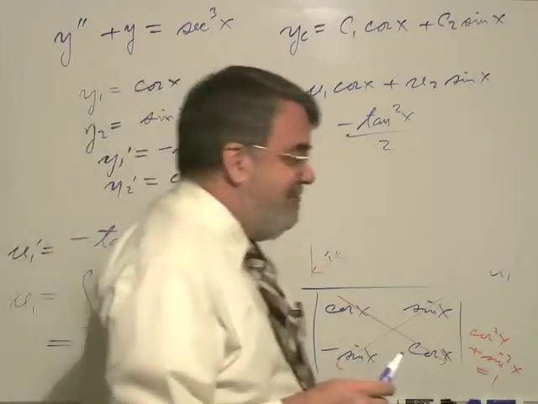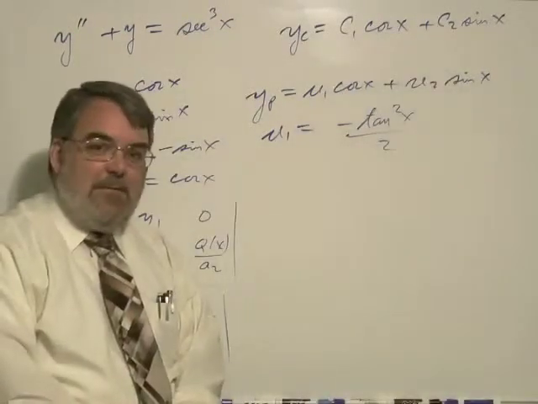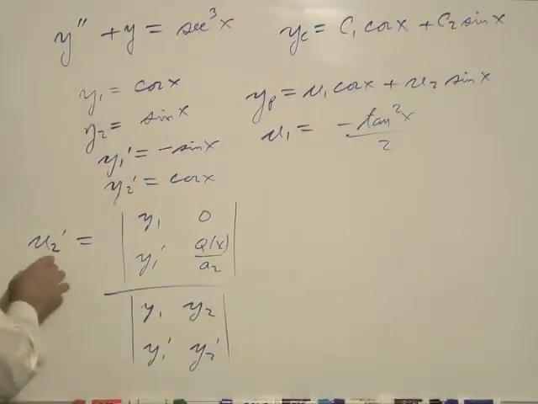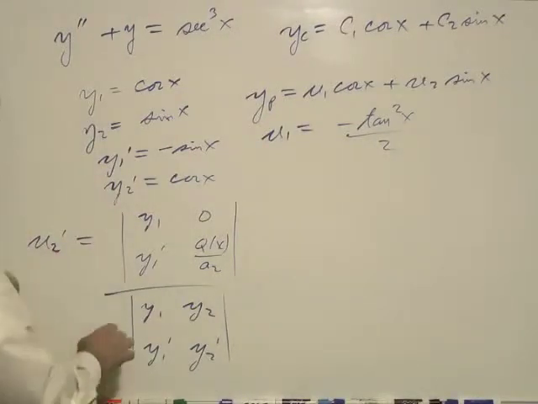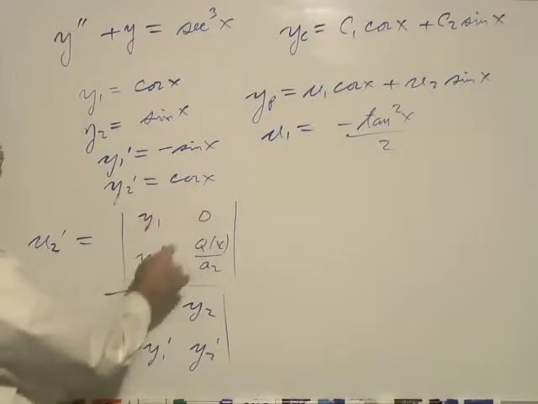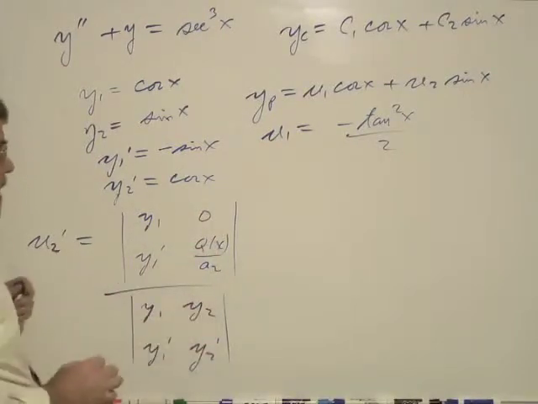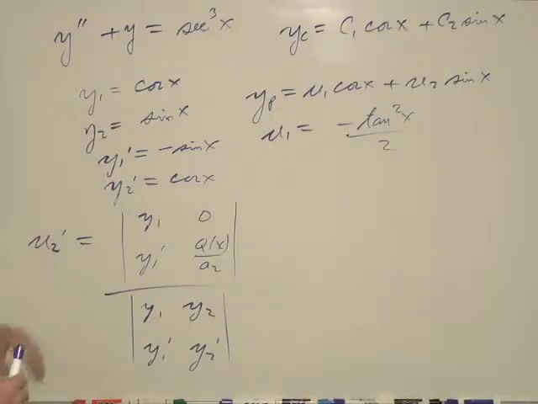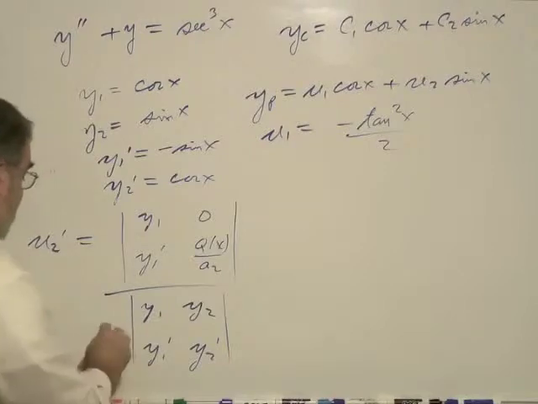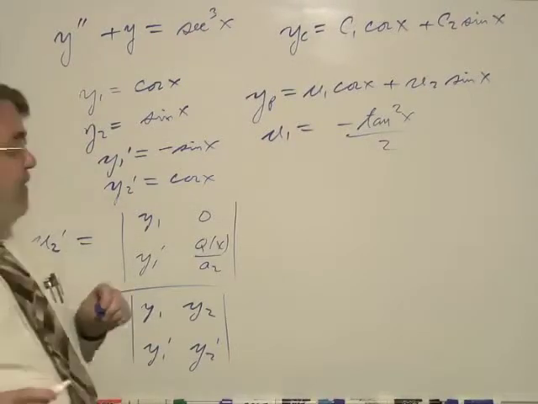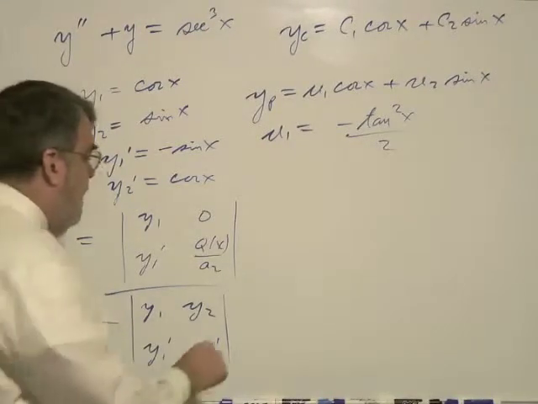I'll do a little erasing. Well, here's u2 prime. I looked it up. u2 prime is this determinant: y1, 0, y1 prime, q of x over a2. And then the denominator is the same as when we calculated u1 prime, so we already know this is equal to 1 in this problem. I don't have to worry about it.